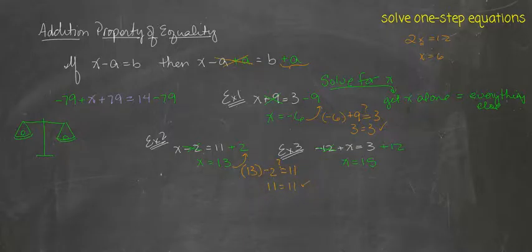So yes, it is a solution. Do it up here too. -12 plus 15 equals 3. Not sure if it's a solution. -12 plus 15, 3 equals 3. It is a solution. So I have solved and checked 3 problems in no time at all.